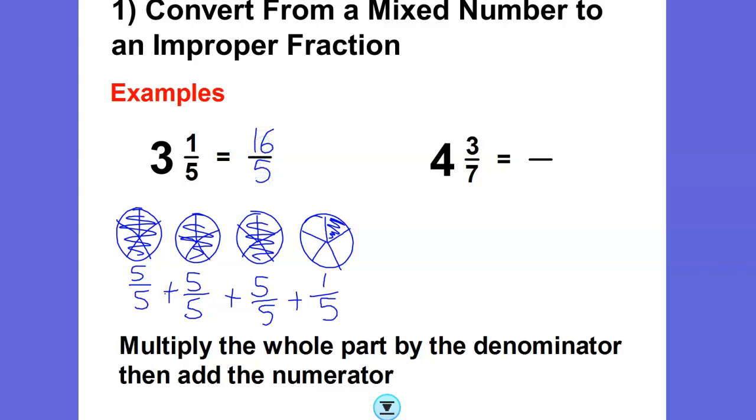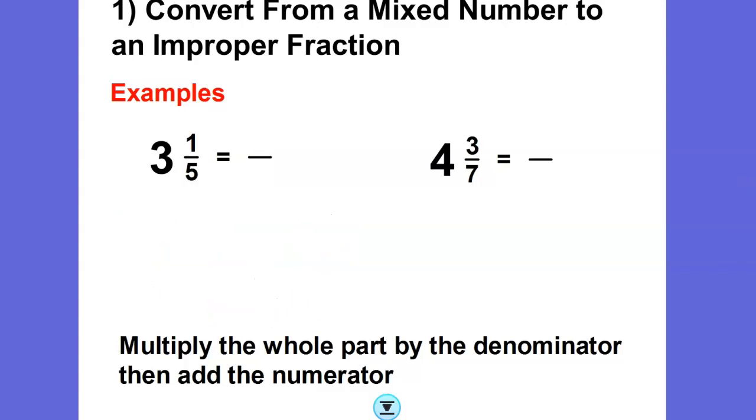As I say, that works, but I think it's much quicker to use this technique. Multiply the whole number, 3 times 5 is 15, then add 1. So 3 times 5, add 1 is 16. That's my numerator. The denominator stays the same.